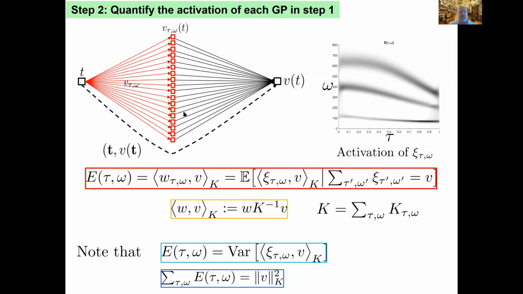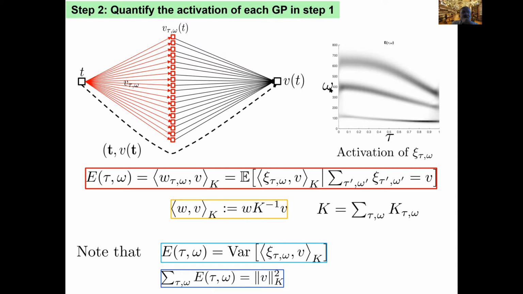Now, our second step is to quantify how much each fine mode contributes to the overall decomposition of the signal. This contribution, or activation energy, of each fine mode is quantified as its inner product with the overall signal, where the inner product is the one associated with the kernel K, defined as the sum of the kernels of the fine modes.